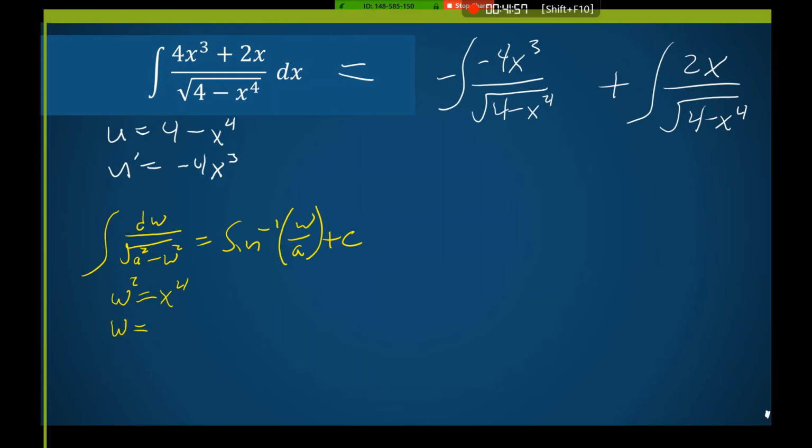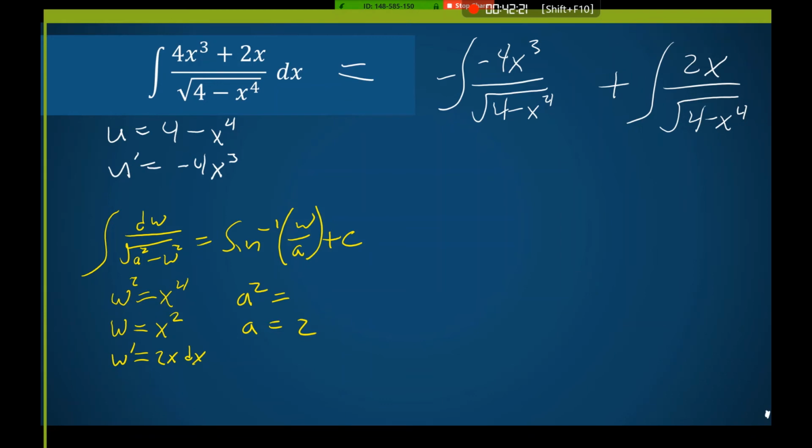Okay, if w squared is x to the fourth, then what will w be equal to? x squared. What would w prime be equal to? What's the derivative of x squared? 2x dx. And if a squared is this first term, then what would a squared be? 2. Okay, I think you've gone a step ahead. a is 2, but a squared is that whole term, which is 4. Oh, sorry. You're okay.